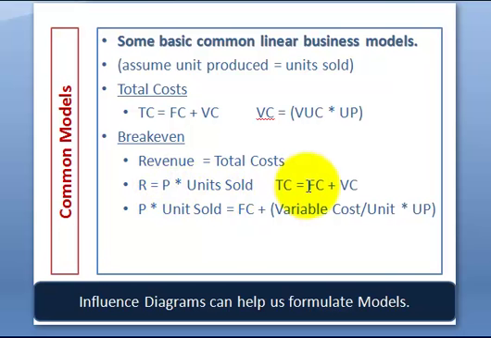My total cost is my fixed cost plus variable cost, and my variable cost I can break into variable cost per unit times units produced or units sold. So I could come up with the break-even volume by setting my revenue, i.e. price per unit times units sold, equal to fixed cost plus variable cost per unit times units produced.